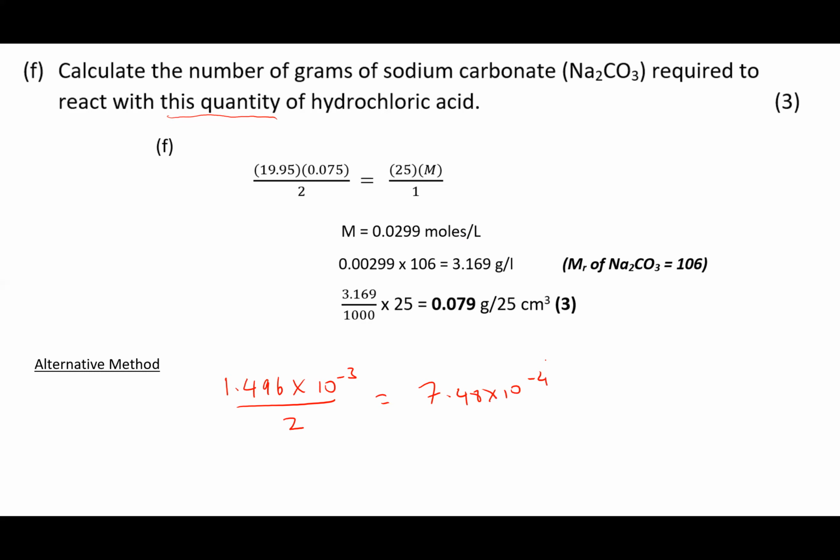Because HCl to Na2CO3 is 2:1, you must divide by 2 to get the Na2CO3. Then you multiply that by 106 and you get 0.079 grams. So either method is fine there, using your mole ratio or using the V1M1 over N1. Again, any questions about that, drop me an email.